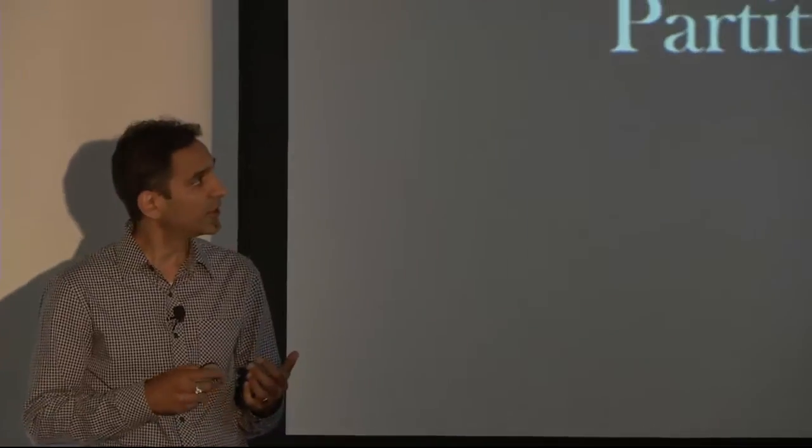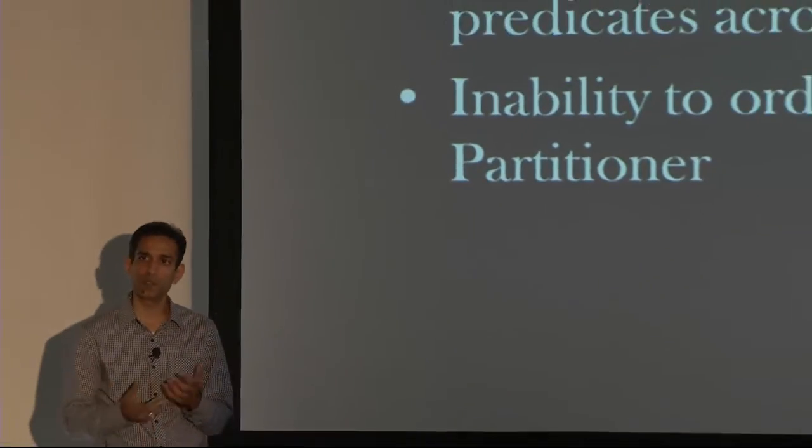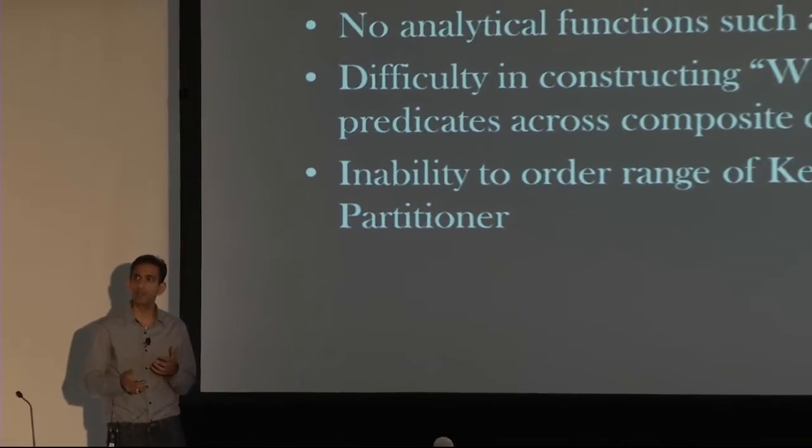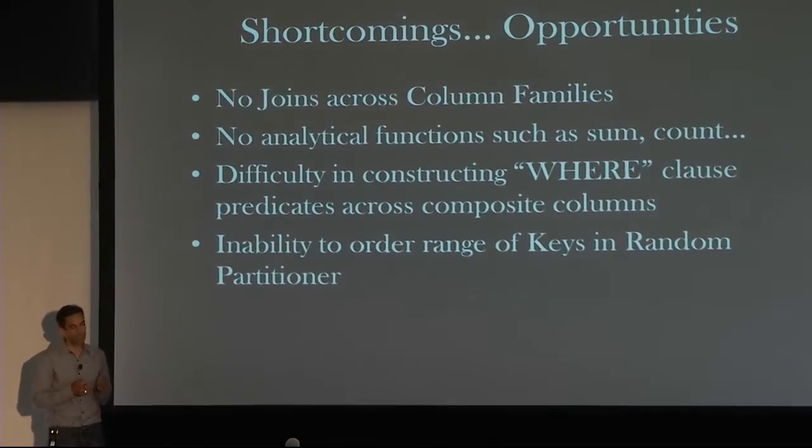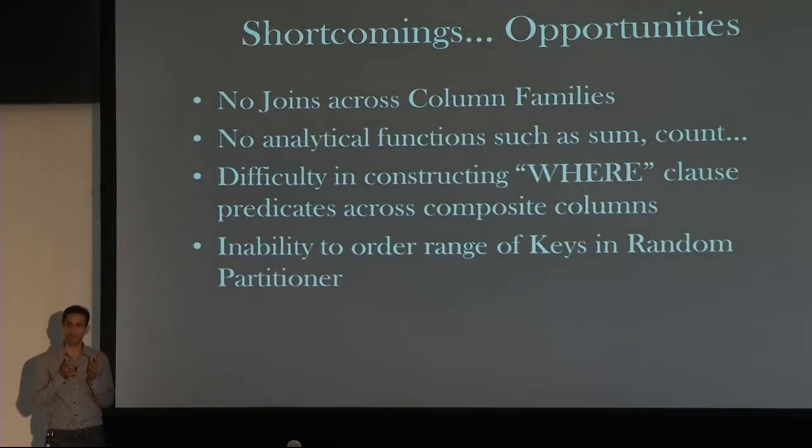I don't really want to say these are shortcomings, but rather opportunities for us to transform the way we have been dealing with databases in order to avail of new features in systems such as Cassandra. So it might take a slight change in our attitude.